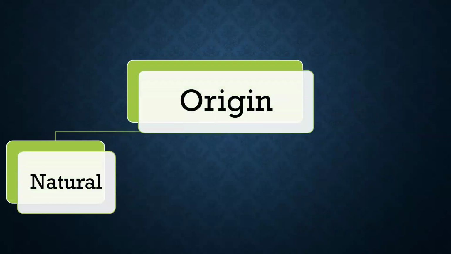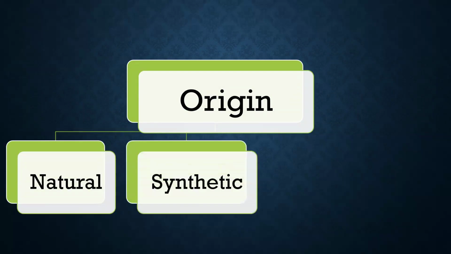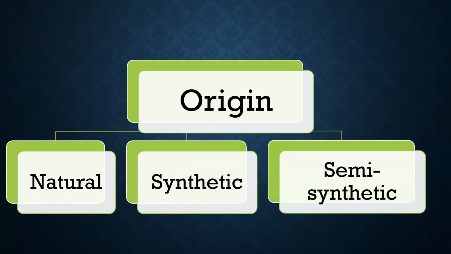According to the origin, the polymer can be natural, synthetic, or semi-synthetic. Natural is the polymer that exists in nature without any synthetic process to produce it, like the proteins, like the carbohydrates, the rubber, the wood.